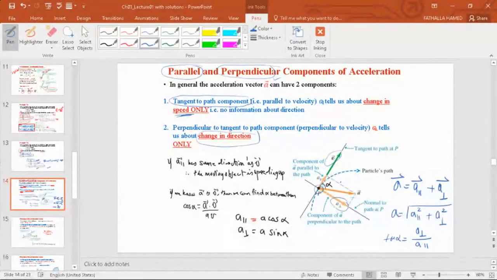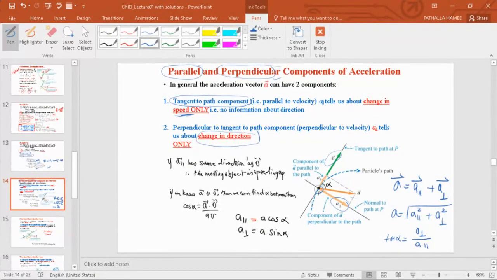Now, if you're moving along a straight line, then the perpendicular component will cancel and your acceleration will be along V. If you're moving along a circle with constant speed, that means you're not changing the magnitude, then the A parallel will be 0 and the acceleration will be toward the center.